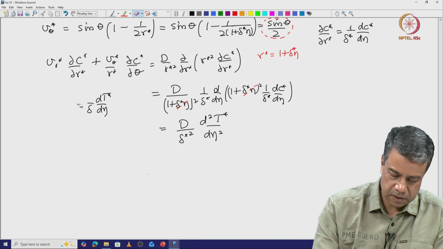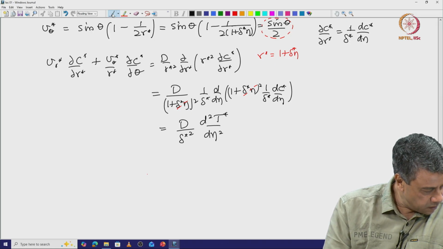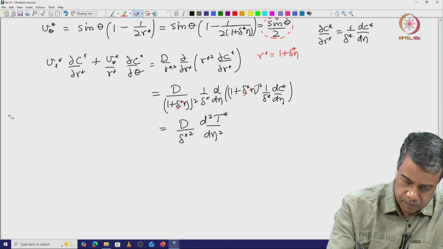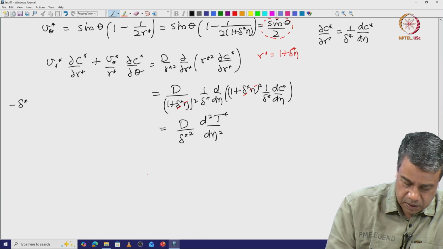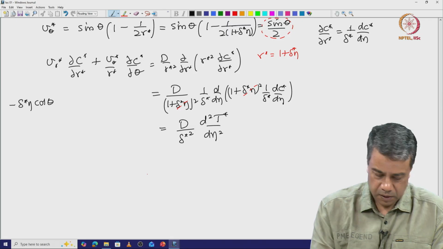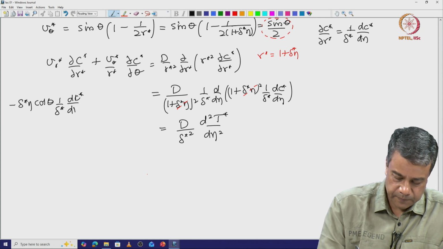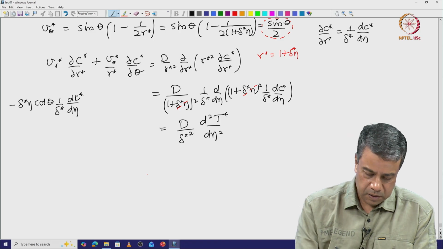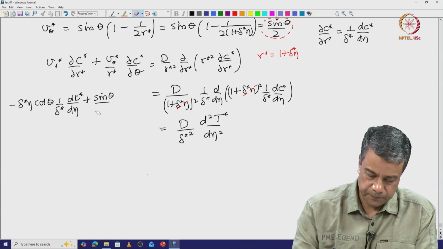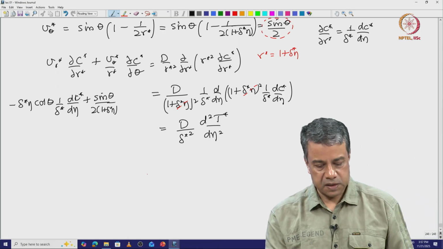Let me write it a little to the left, so that there is space. VR star is equal to minus delta star eta cos theta into 1 by delta star dc star by d eta, plus sin theta by 2 r star into 1 plus delta star eta into partial C star by partial theta.